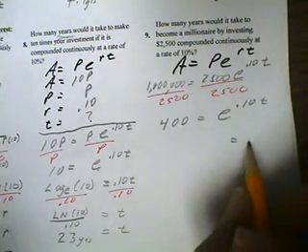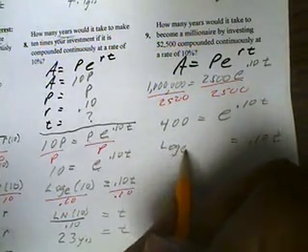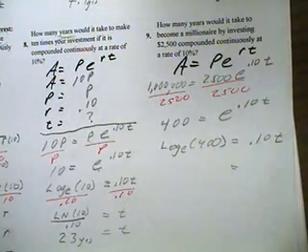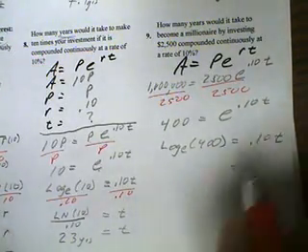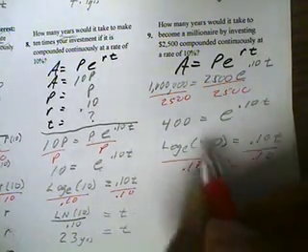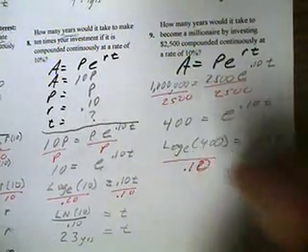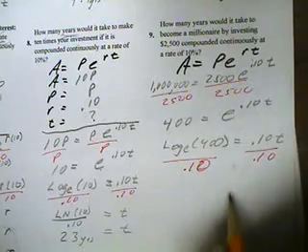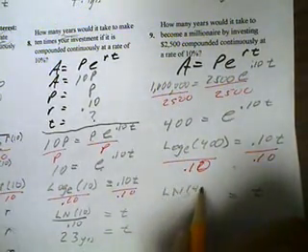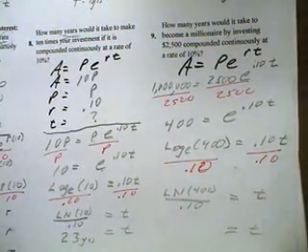Now I'm going to convert this to a logarithm, so this will be log base e of 400. And now divide both sides by 0.10. And so this will be the natural log of 400 divided by 0.10. That'll be my time.